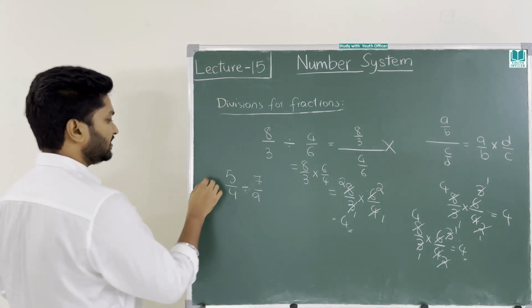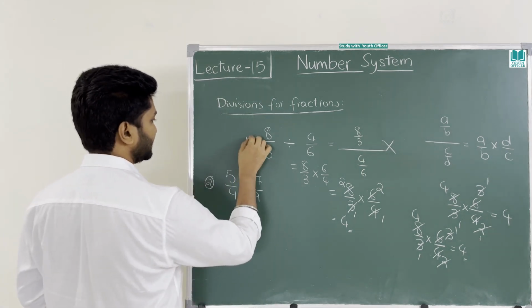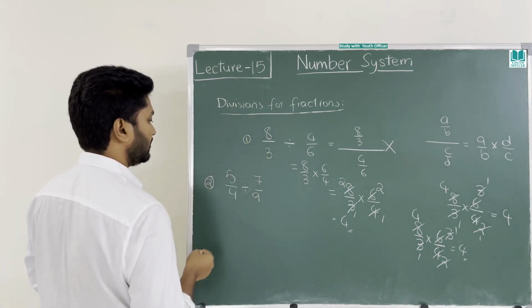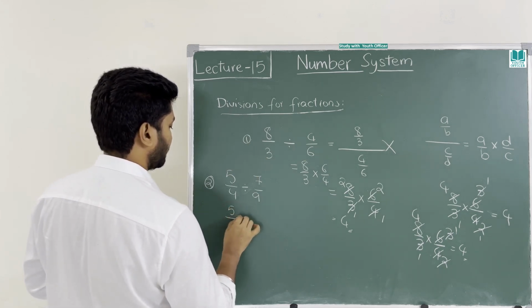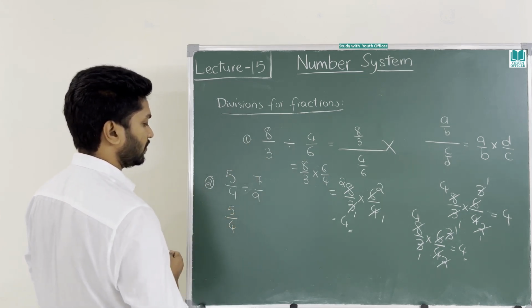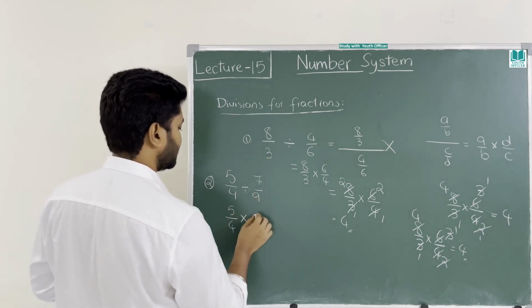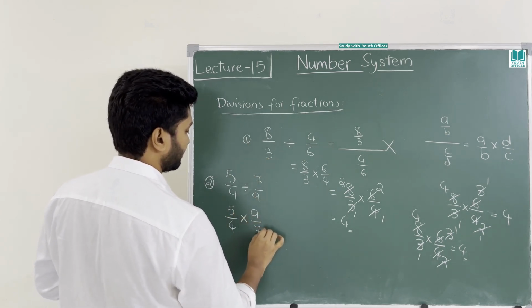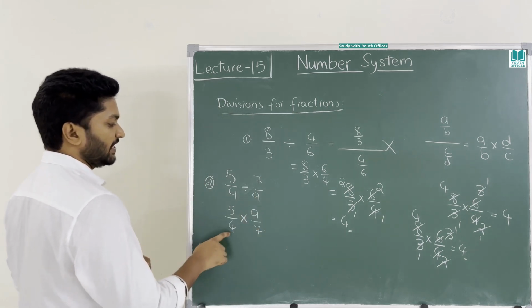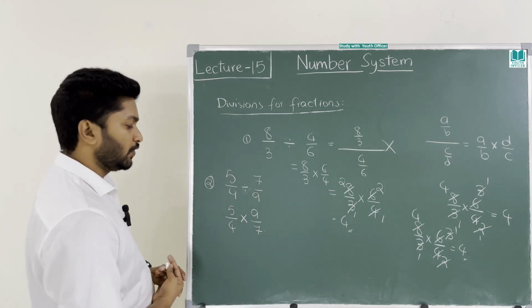Now, in the second example, this is the first example, right? Second example, if you take 5 by 4, you want to multiply, you have to reverse this: 9 by 7. Now, can anything be cancelled here? No, nothing.